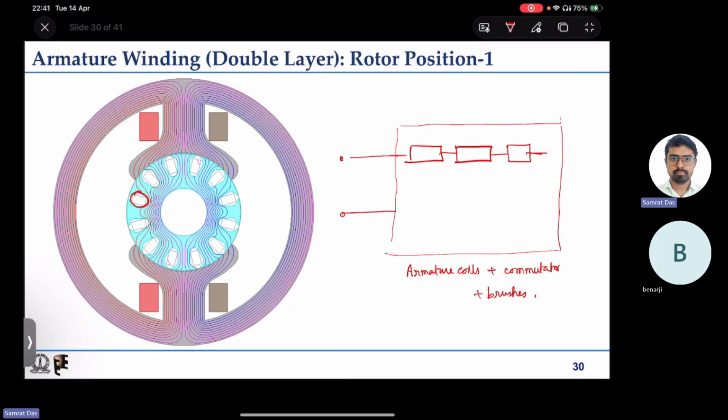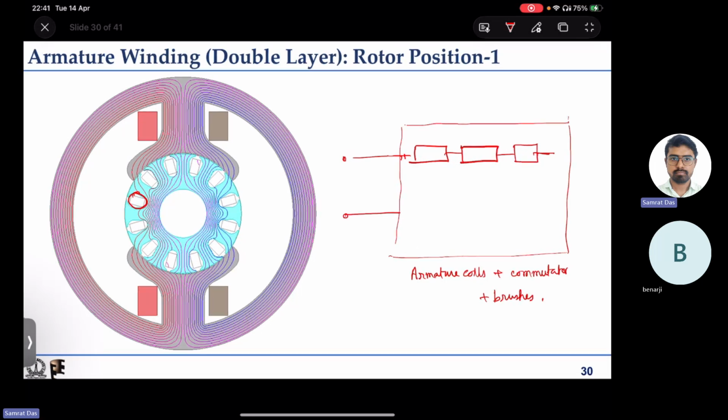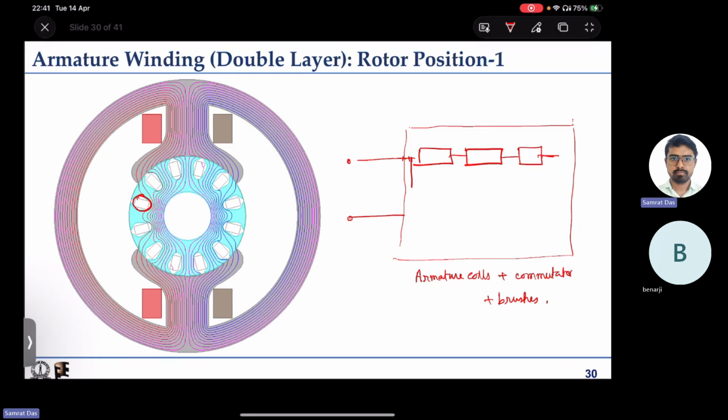Say these three are coming in series, and we have another parallel path. These three coils are coming in parallel, and they come and close the path like this. So it becomes the equivalent circuit of the complete armature for at least one rotor position.